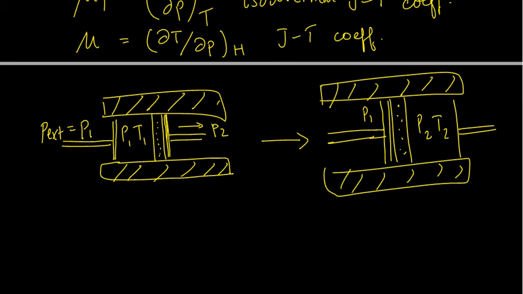Now, from the left, I'm pushing with this piston. The external pressure is P1, which is the pressure inside, which means that these two are in equilibrium, so from here to here it's reversible.